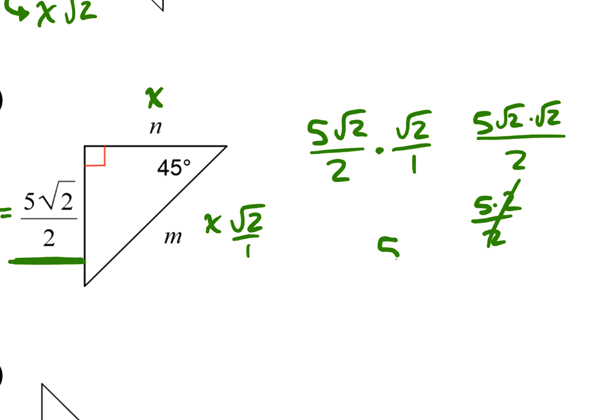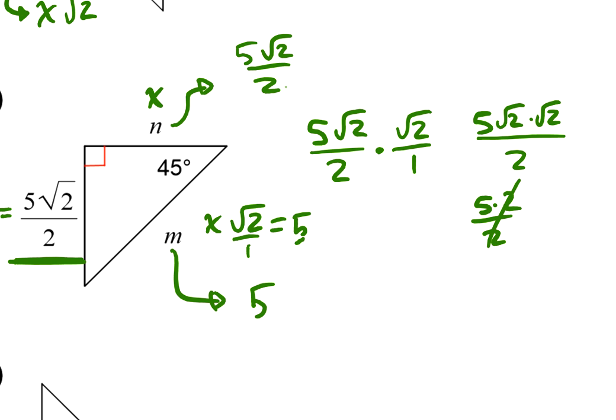So what has to equal 5 is x times the square root of 2. So that means for this problem, m, the length of the hypotenuse, is 5 units long. And this other n value has to be the same as the other leg, so it would be 5 times the square root of 2 over 2.